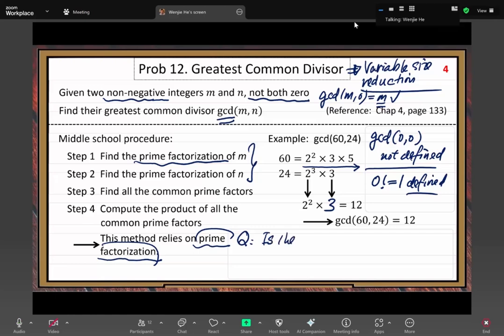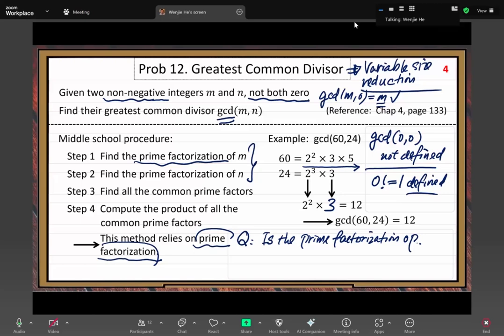Is the prime factorization, let's treat it as a big operation. This operation is a huge operation, not like multiplication or division, which are small and simple.